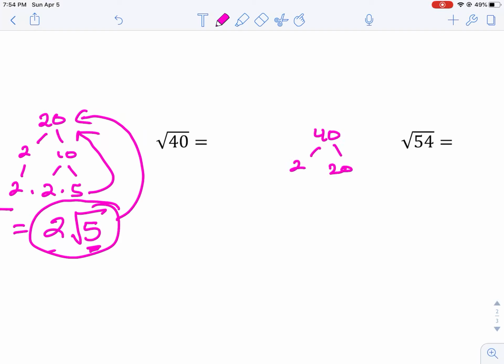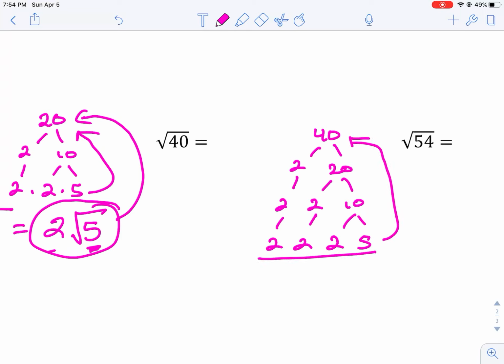Number 40, okay? 40 is 2 times 20. 20 is not prime, so we have to keep going. This becomes 2 times 10. 10 is not prime, so that becomes 2 times 2 times 2 times 5. 2's and 5's. If I multiply these 4, I would get 40.